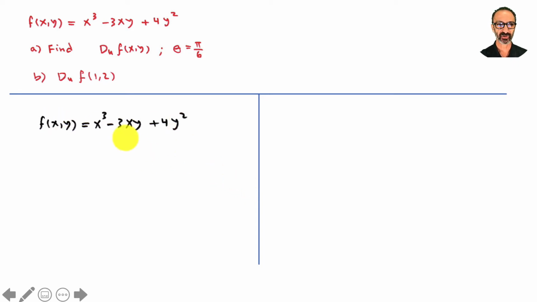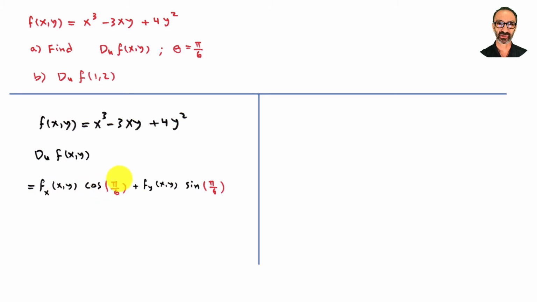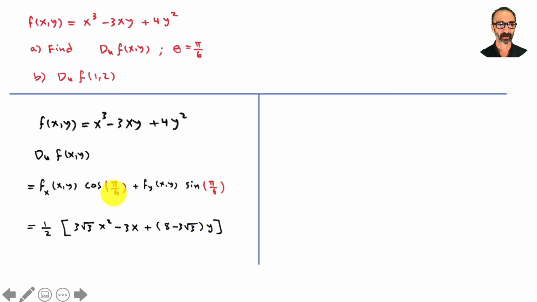I have the function right here. The directional derivative will be the first derivative with respect to x times cosine theta, which is pi over 6 now, plus the first derivative with respect to y times sine theta, which is pi over 6 for now. If you take your time and simplify, you will end up with the following.